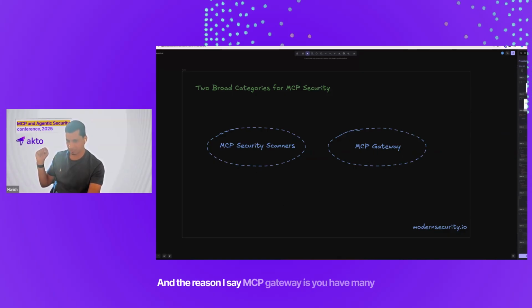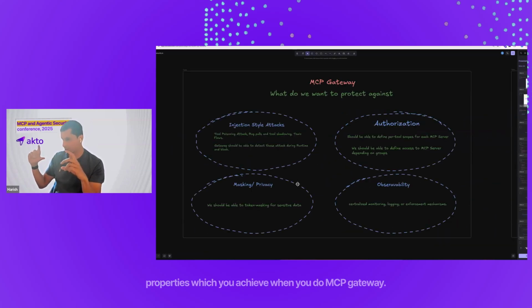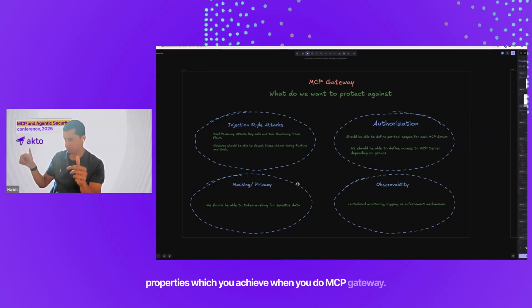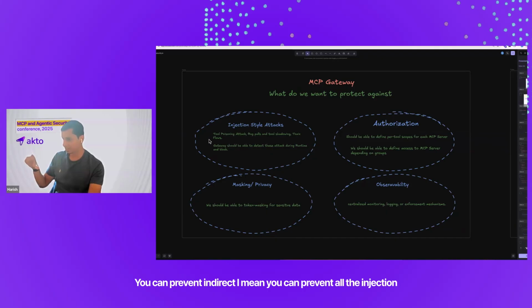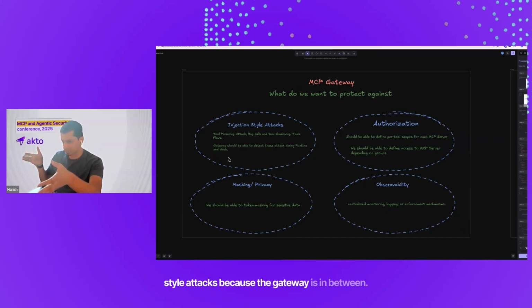The reason I say MCP gateway is you have many properties which you achieve with it. You can prevent all the injection style attacks because the gateway is in between. You could define your authorization logic in the gateway. You could apply your privacy controls.